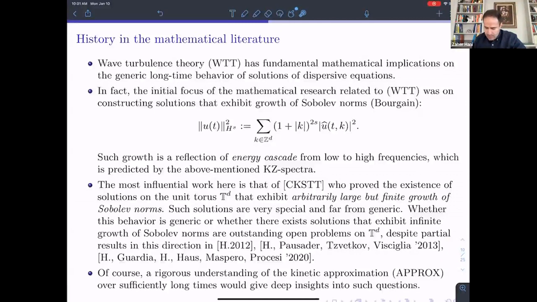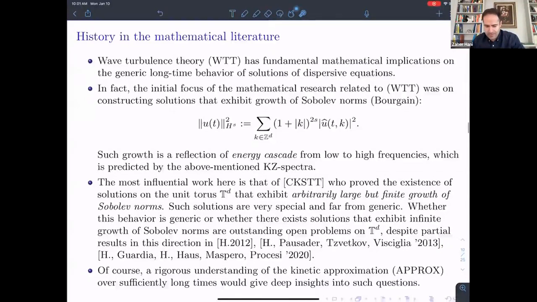And of course, if we have a very good, complete rigorous understanding of this kinetic approximation between the solutions of NLS and the solution of the kinetic equation, then this would give us deep insights, if not a full solution of those questions.